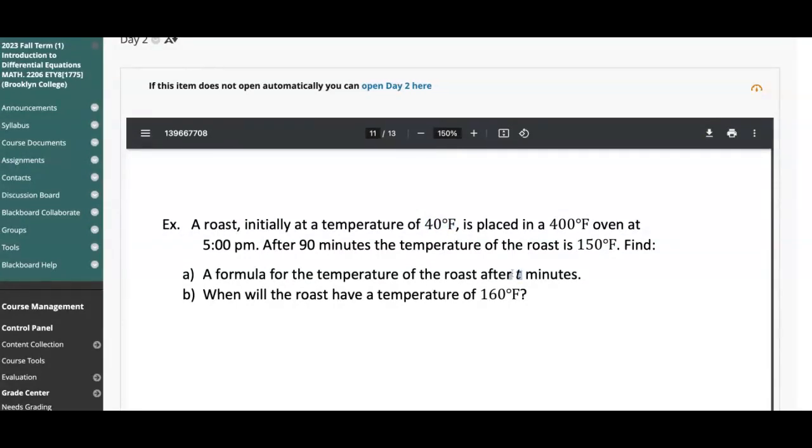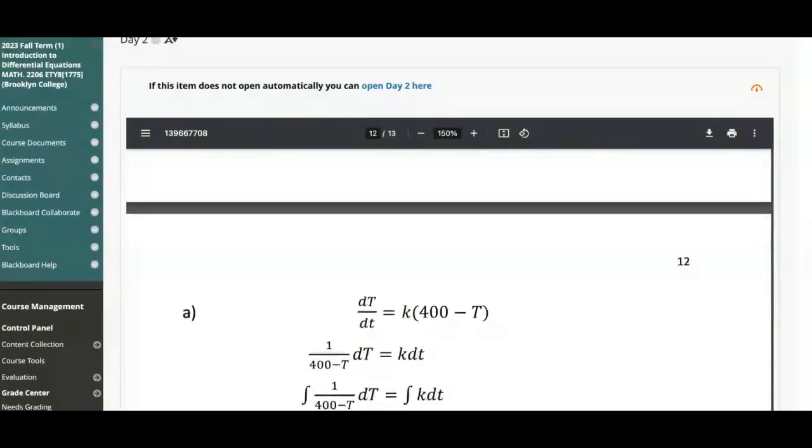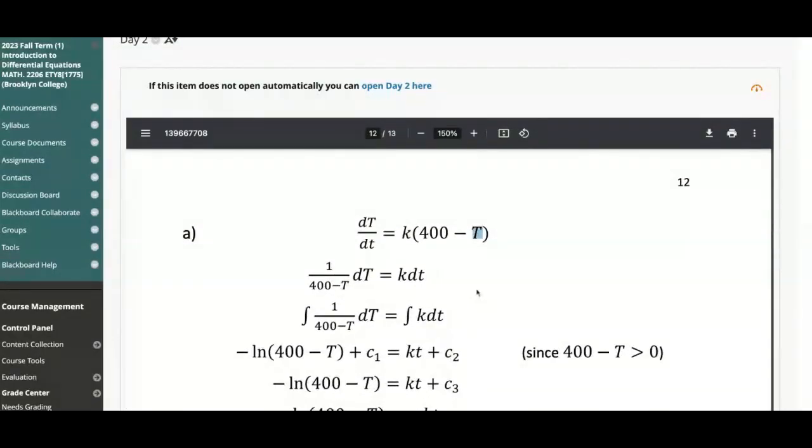We want the temperature of the object for any time.